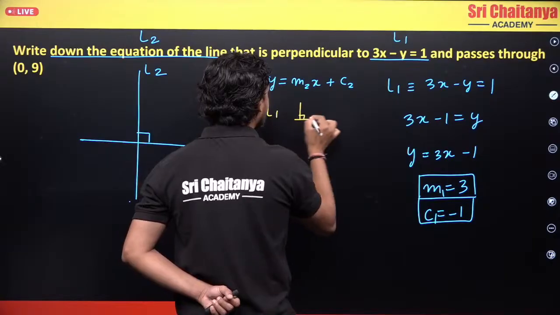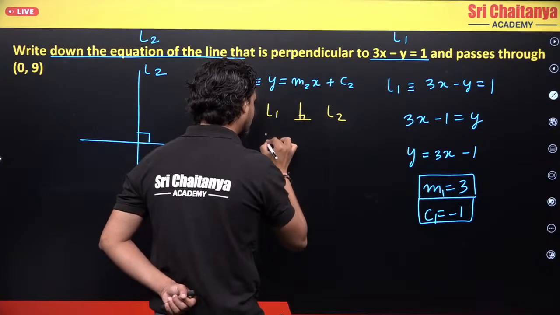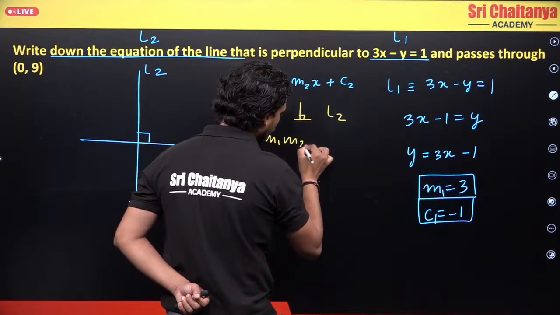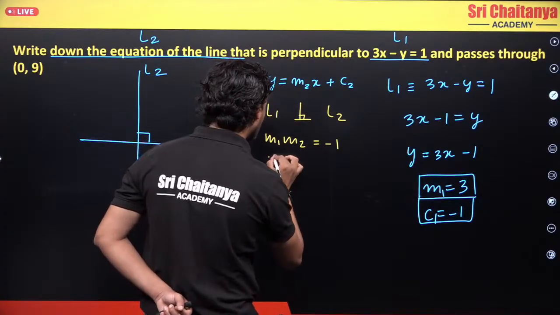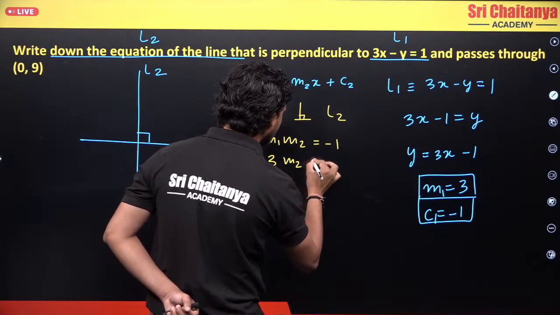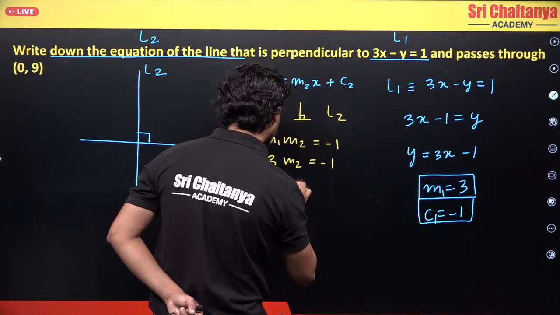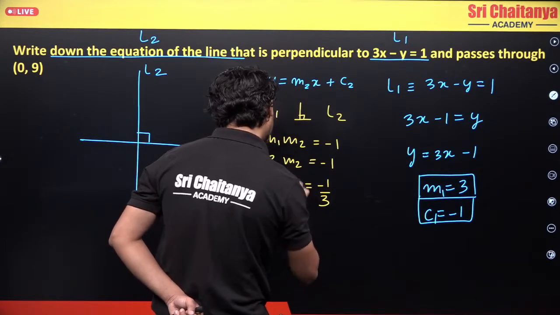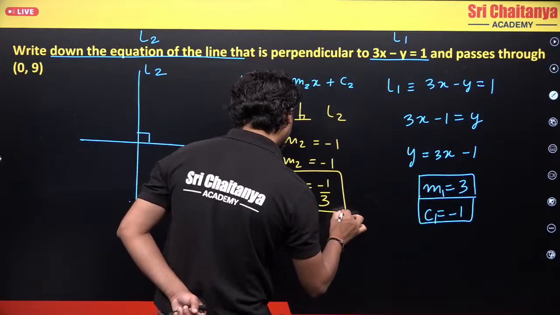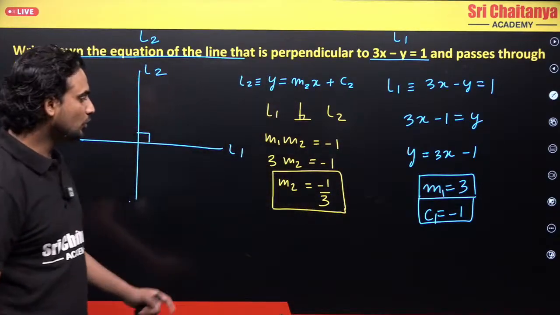Since L1 is perpendicular to L2, I can say M1 into M2 is equal to -1. And M1 is equal to 3, so M2 will be equal to -1 by 3. So this is the value of the slope of line 2.